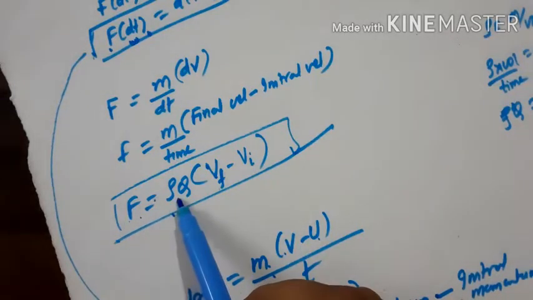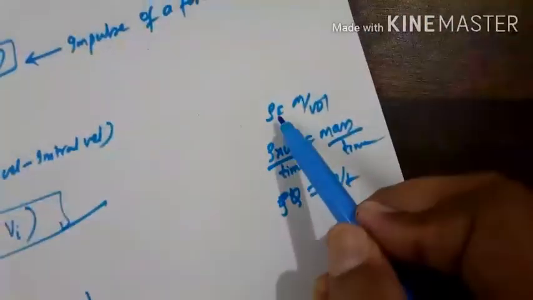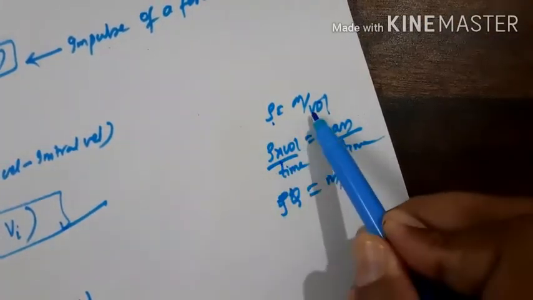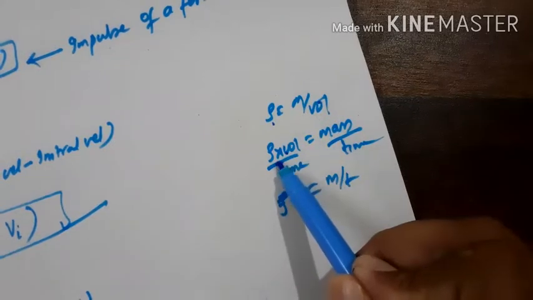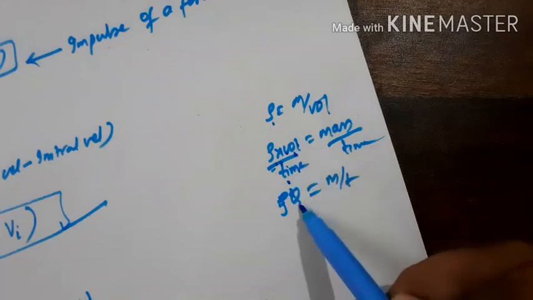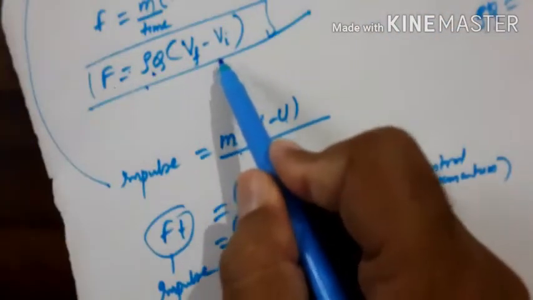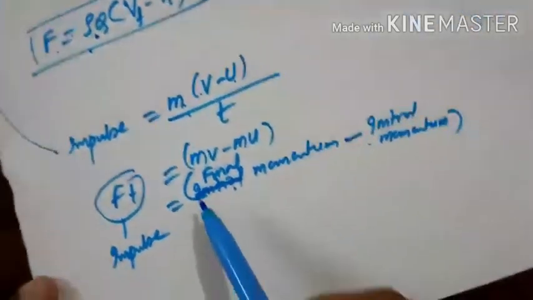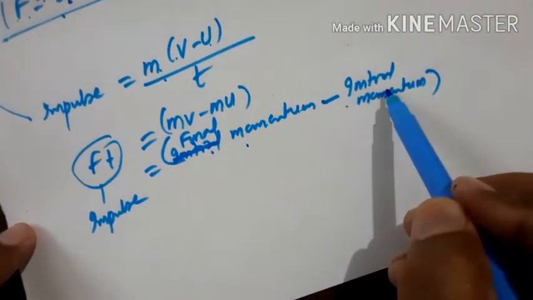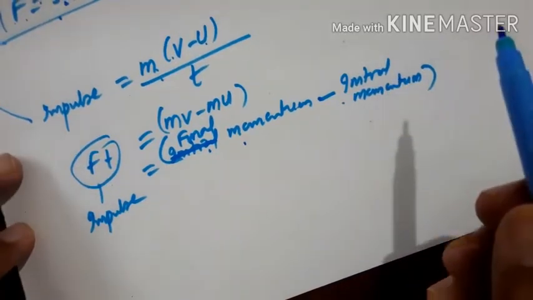So F equal to rho into Q, mass per second, that is density equal to mass by volume, then take volume this side, density into volume divided by time, then volume by time is nothing but Q, rho into Q equal to mass by time, that is final velocity minus initial velocity. Or else you can write impulse equal to final momentum minus initial momentum.